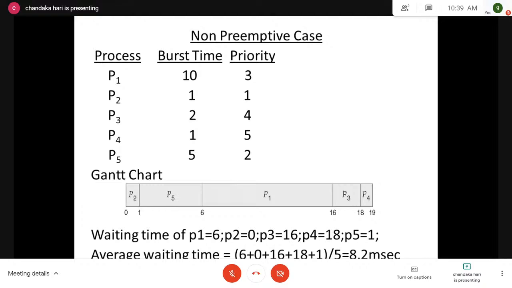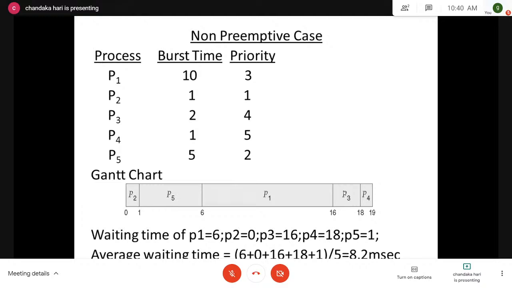The waiting time for P3 is 16, for P4 is 18, and for P5 is 1. The average waiting time is 6 plus 0 plus 16 plus 18 plus 1, divided by 5, that is 8.2 milliseconds.